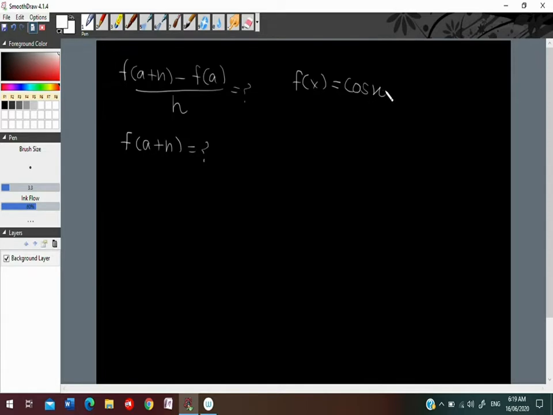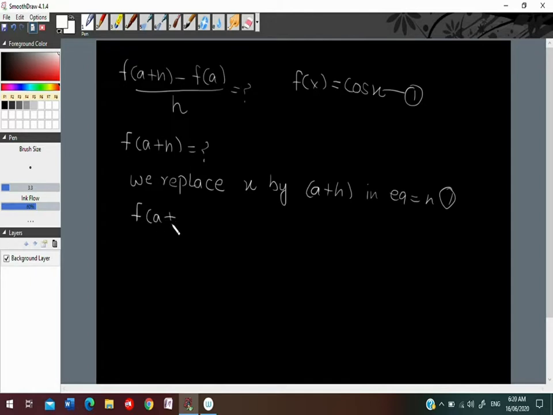We give equation number 1 to this equation, and simply we replace x by a plus h in equation number 1. So what we have, f of a plus h is equal to cos of a plus h.